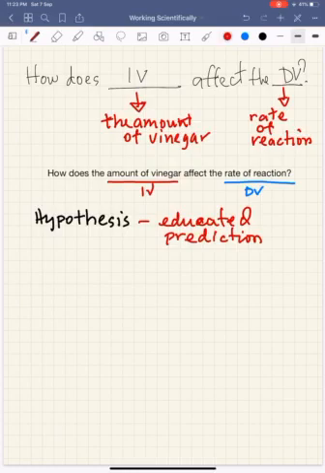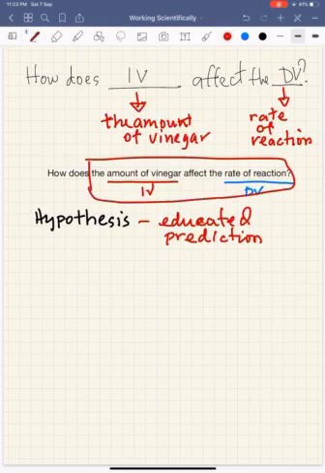So you can make a good prediction. Do you think the amount of vinegar will make the rate of reaction faster or slower? Let's take this part of your testable question and put it in this format.